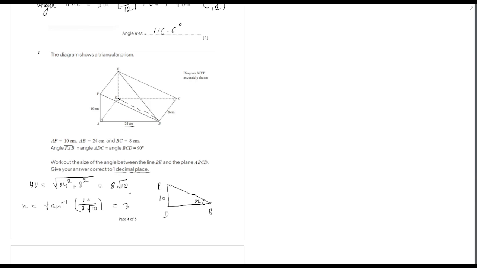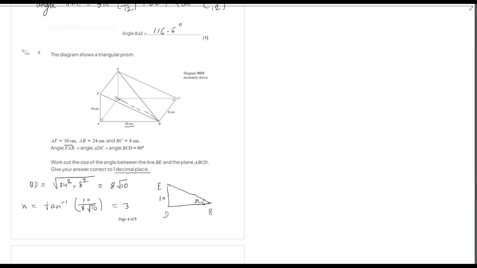Shift tan inverse, 10 divided by, in bracket, 8 times root 10. Okay, the answer is 21.6.